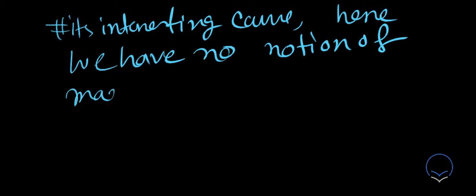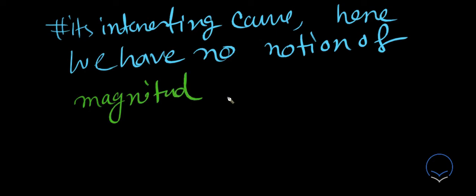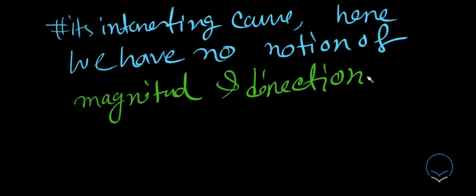Let me use another color so that you understand it better. So how can you get some magnitude and direction from a matrix? That's the abstractness we were talking about, that we want to generalize things.